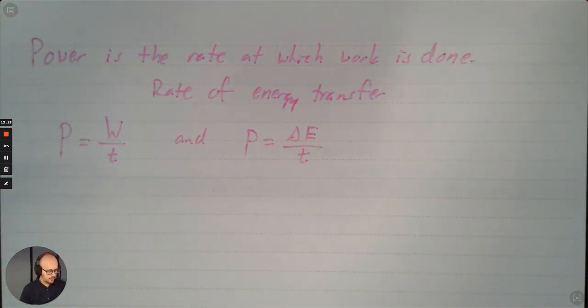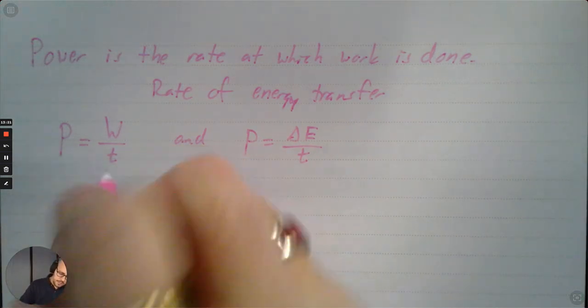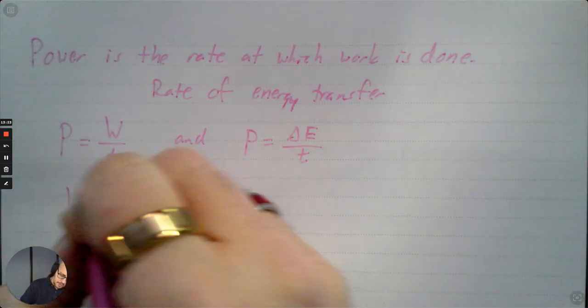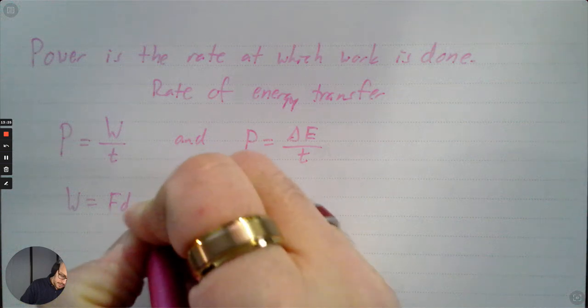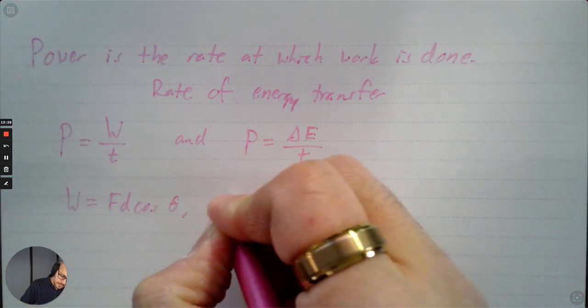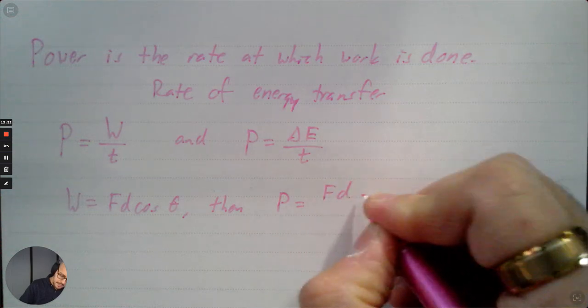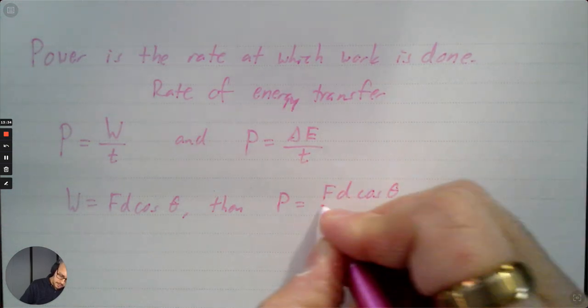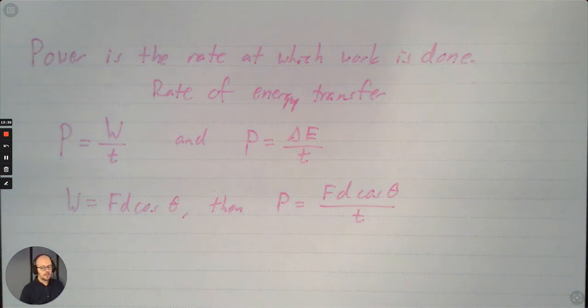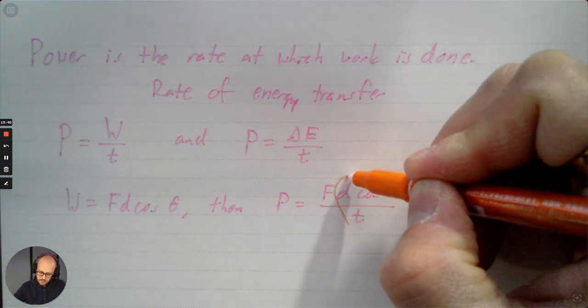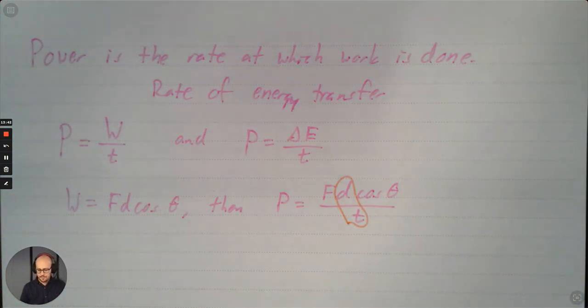The only thing I wanted to show you is that if work is F d cosine theta, then power equals F d cosine theta over time. This is a little significant because in this equation we have distance divided by time.